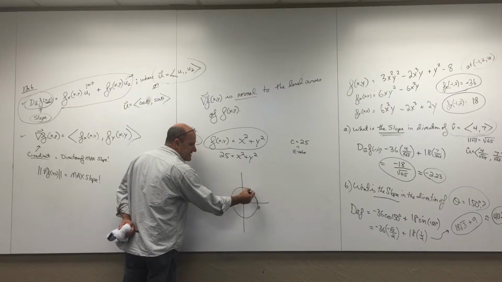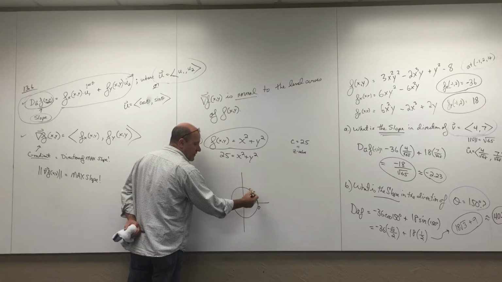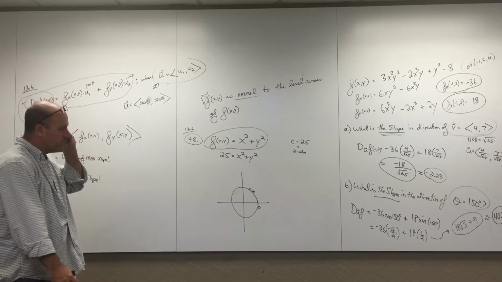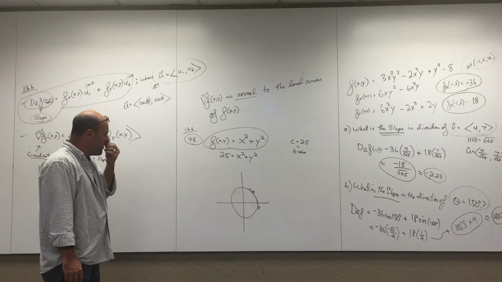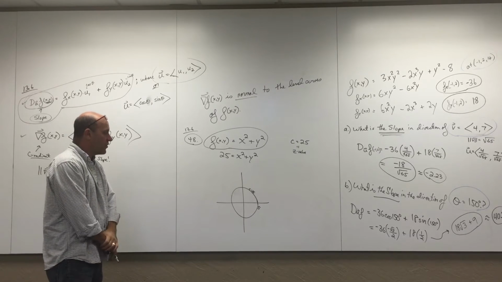And we label it C equals 5. Or no, C equals 25. Sorry, it's radius 5, but C equals 25. We could do another level curve just to see what's going on, but that's good enough. That's that level curve.